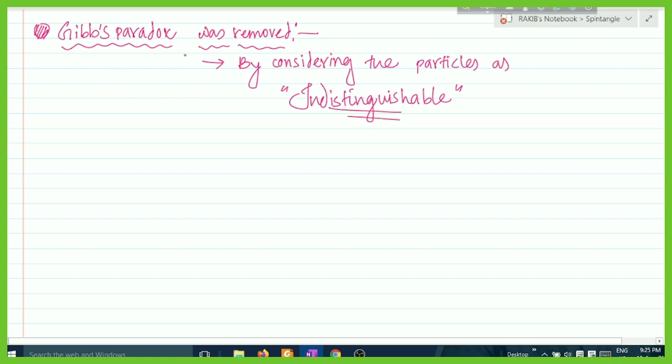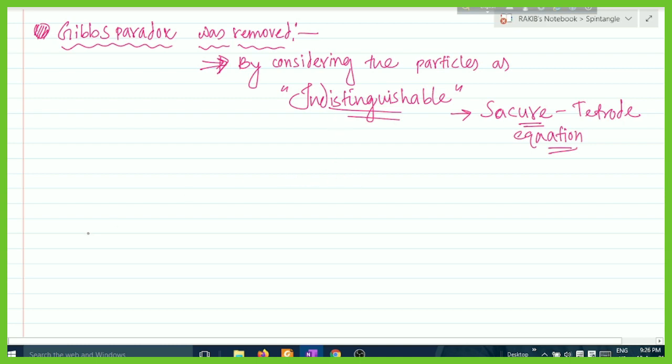So by taking the particles as indistinguishable, it has been treated as the most fundamental, called the Sackur-Tetrode equation, the most famous Sackur-Tetrode equation, which removed the paradoxical situation of Gibbs. This is not apostrophe s, it's only s.